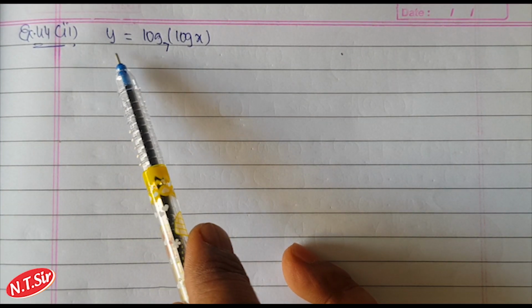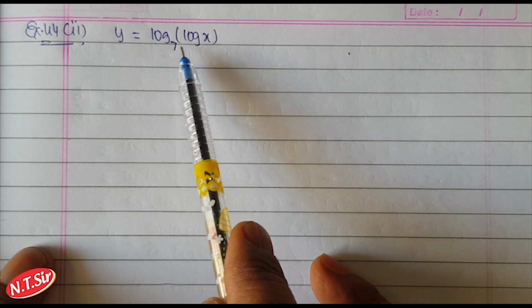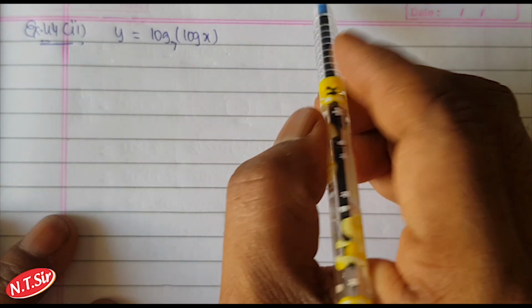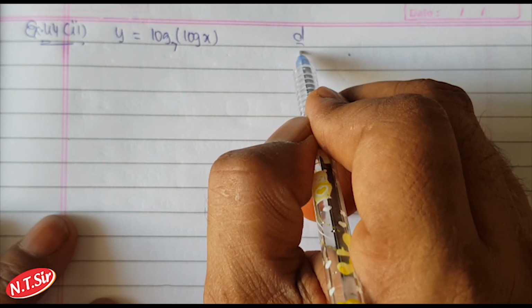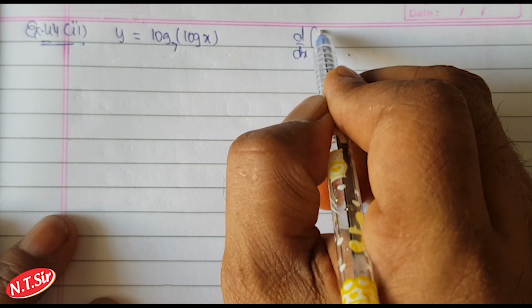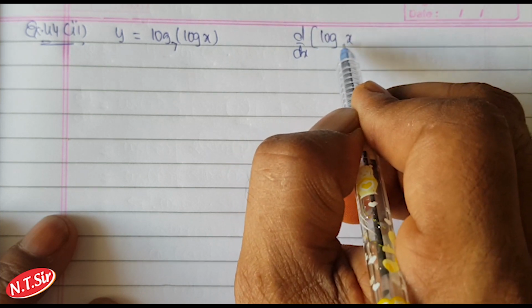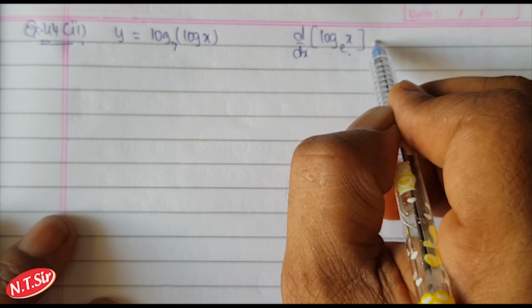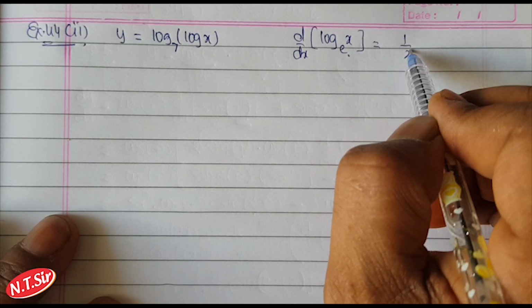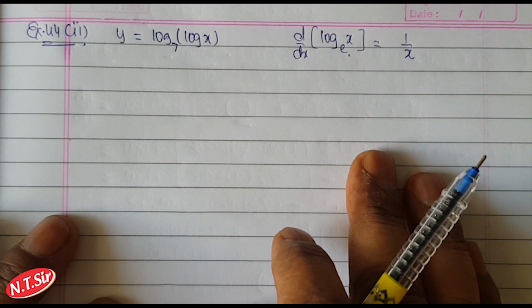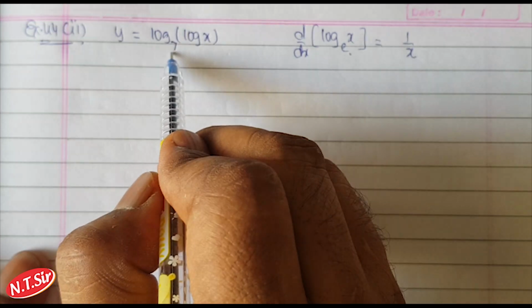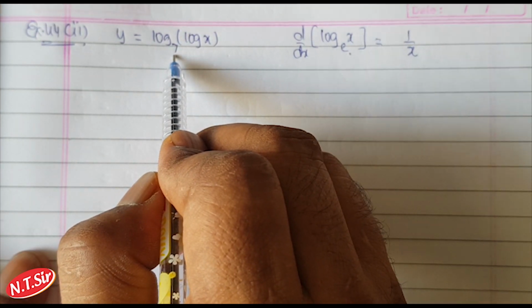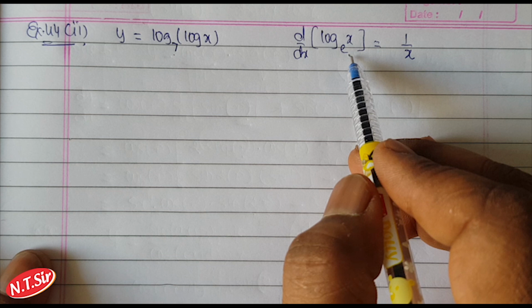Second, y is equal to log of log x base 7. Now we have the formula d dx of log x base e is 1 upon x, but here the given base is 7, so this formula is not applicable.